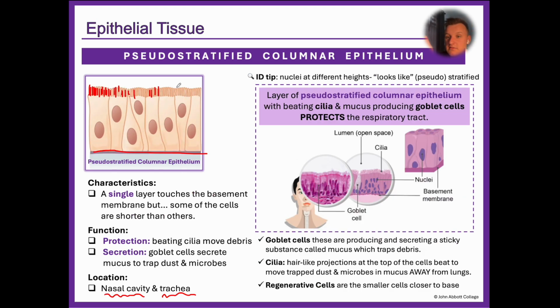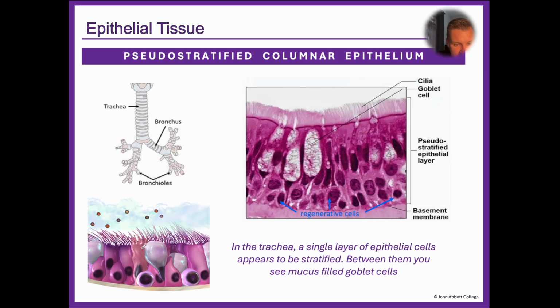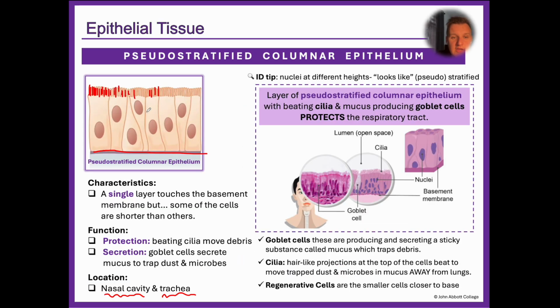They beat in a certain direction. They do not absorb, okay? They're beating and moving debris in a certain direction. I think I have a picture here. Do you see these beating cilia? They're moving stuff. So they are moving junky stuff, all the bad bacteria and that away.